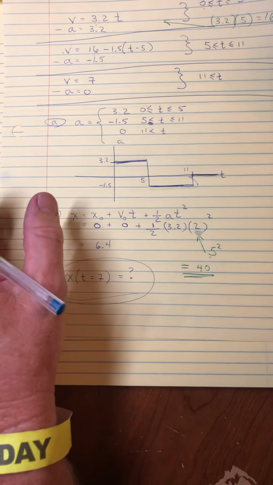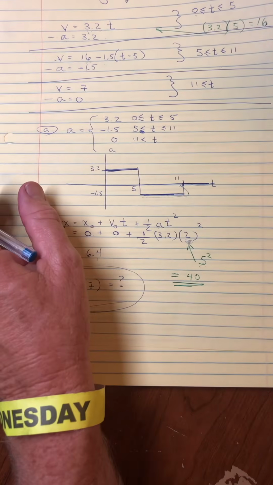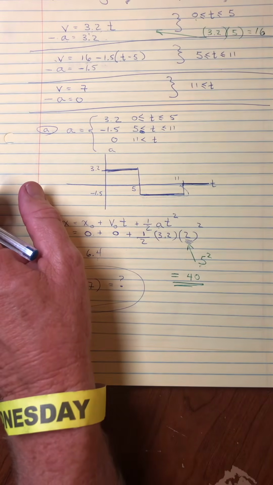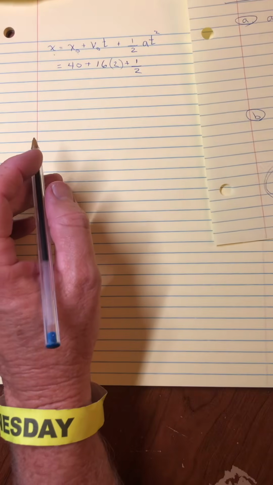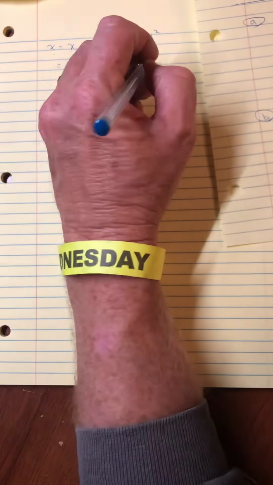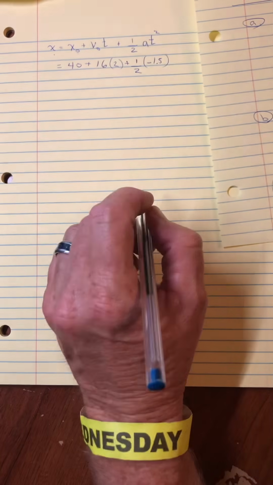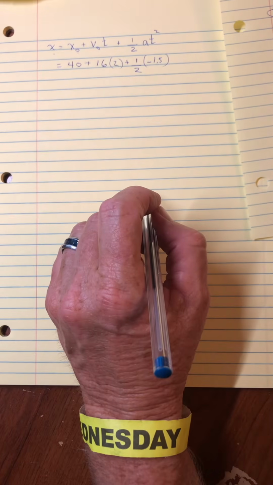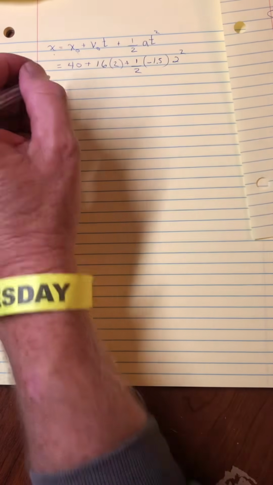Makes me wonder if I would have just been better to integrate it instead of jumping back to these already derived equations. But that's the direction I've gone, so I'll stay that way. Remember, the acceleration is negative 1.5. And, of course, then the time is 2 seconds.